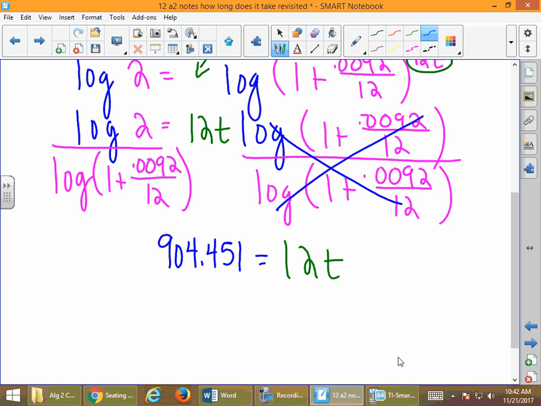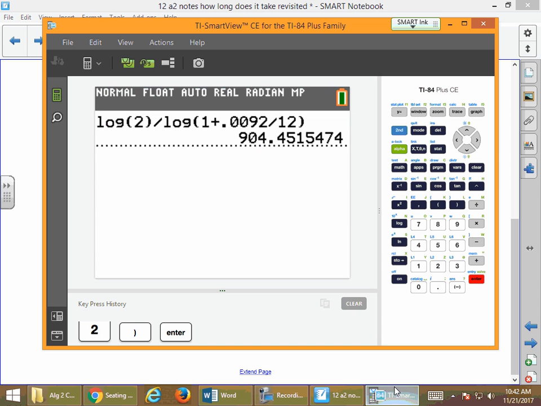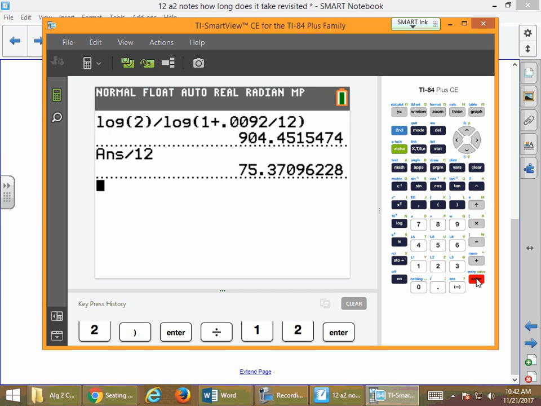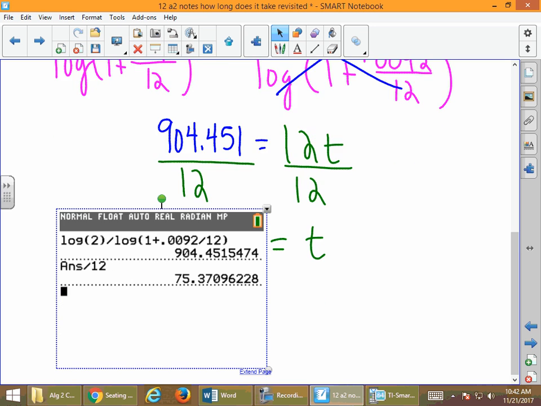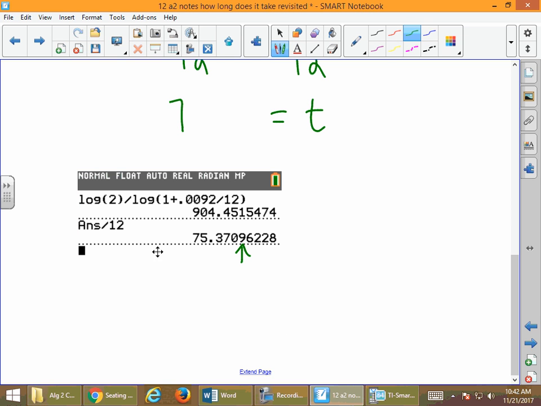But leave that number in our calculator, because we're going to divide everything by 12 to get our time here. We've got the number in our calculator, divide by 12, and it's going to take us 75 plus years to double. Looking at the nines around, 75.371 years.